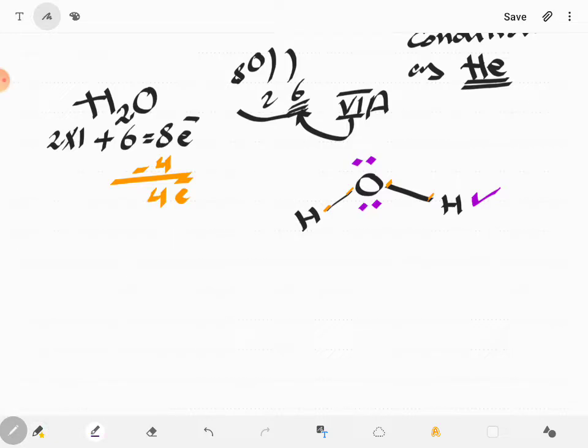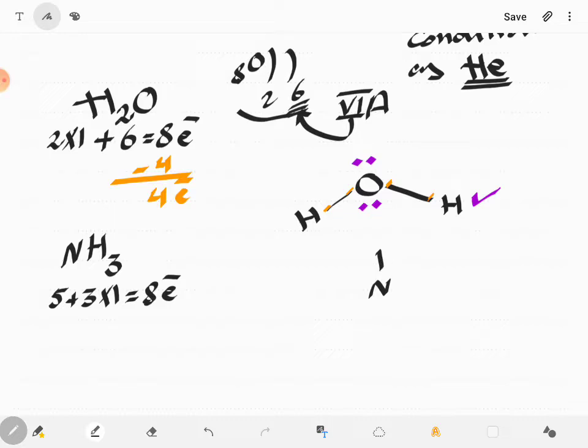What else? We can do the same, easily, for ammonia, NH3. Of course, nitrogen is group 5A, so it has 5 external electrons. So 5 plus hydrogen, 3 atoms by 1, so the total is also 8 electrons. Nitrogen is the central atom.